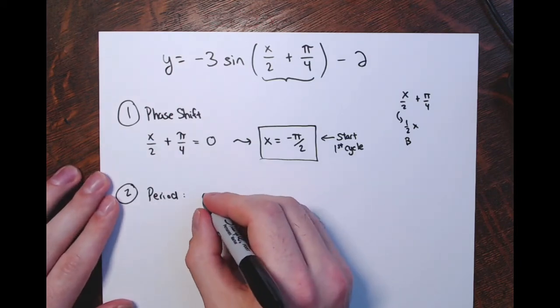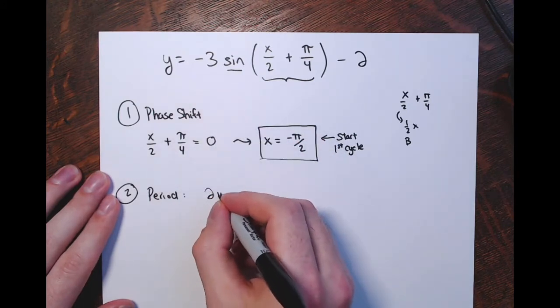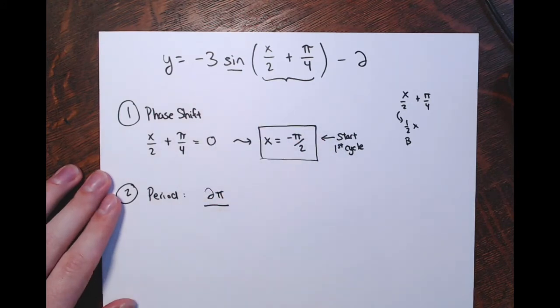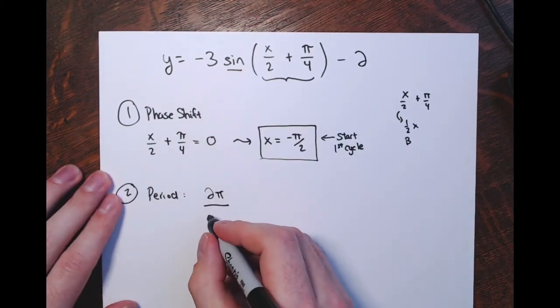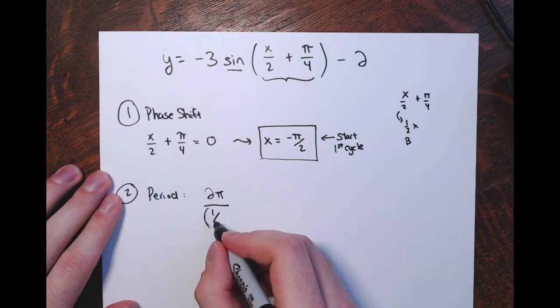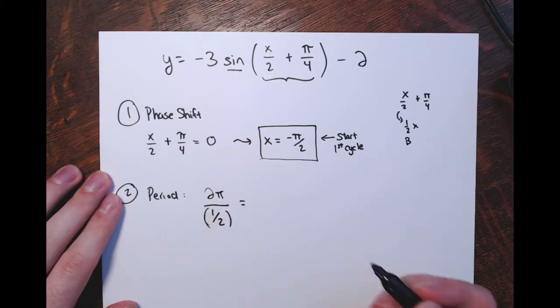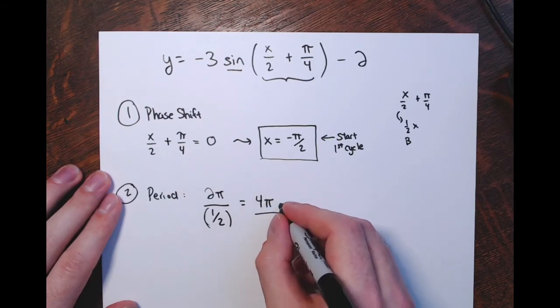So remember the period for the original sine function is 2 pi, and that gets divided by this b, the number times the x. Technically it gets divided by the absolute value of b. The period should be a positive number, but this is a positive number. So 2 pi divided by a half, that'd be 2 pi times 2, or 4 pi. All right, so the period is 4 pi.